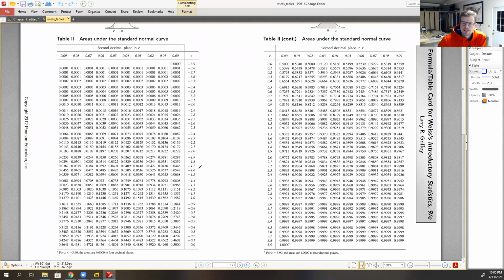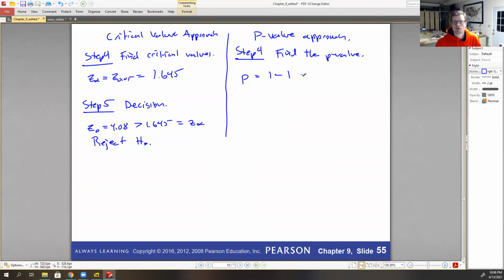So, okay, excellent. So 4.08, negatives, positives. Oh man, it stops at 3.9. So the area to the left is 1.0000. And that's actually not quite exact. That's just what it is when you round it to 4 decimal places. So we say it's approximately 1. Excellent. That means that what we end up with is 1 minus 1, which is 0 for the p-value.